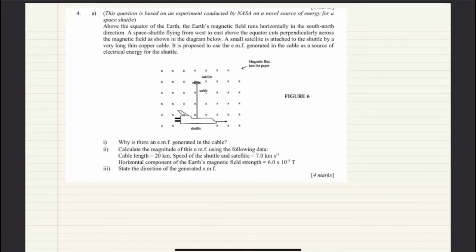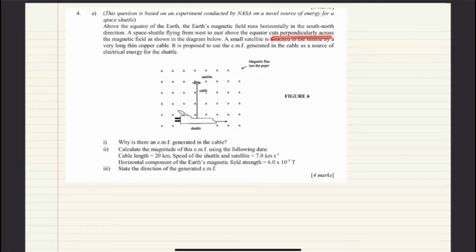Maksudnya melintang lah, south-north direction. A space shuttle flying from west to east above the equator cuts perpendicularly across the magnetic field as shown in the diagram below. A small satellite is attached to the shuttle, but a very long thin copper cable is proposed to use the EMF generated in the cable as a source of electrical energy for the shuttle.